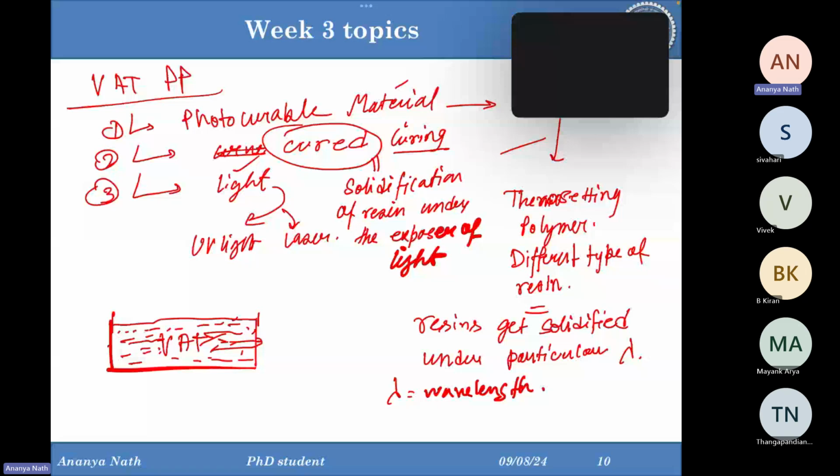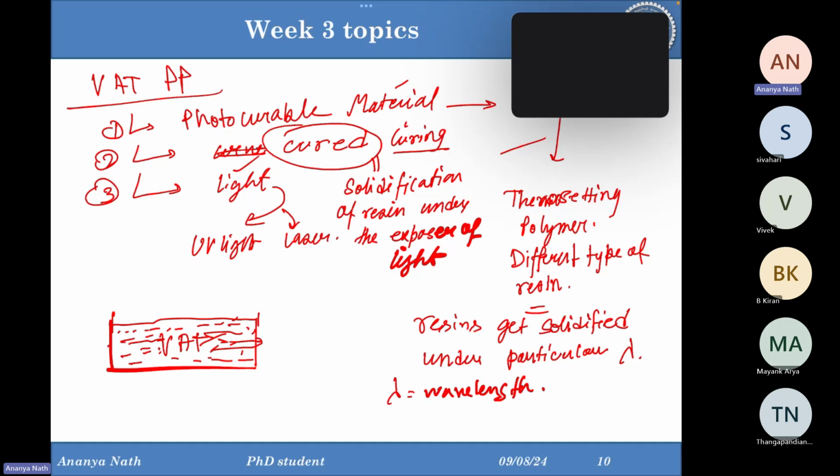What is photocurable material? Resin gets solidified at particular wavelengths only. The second thing is curing, where the monomers get connected because of the electrons emitted from the photoinitiator due to exposure to light of a particular wavelength. And also remember, the resins are photocurable at a particular wavelength.